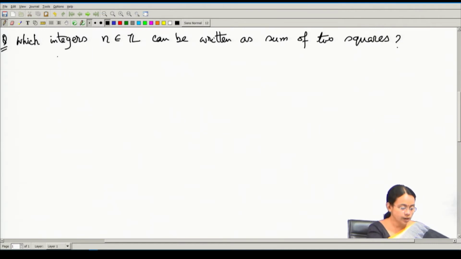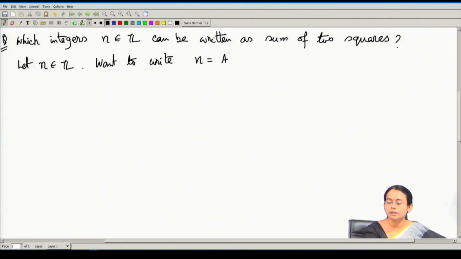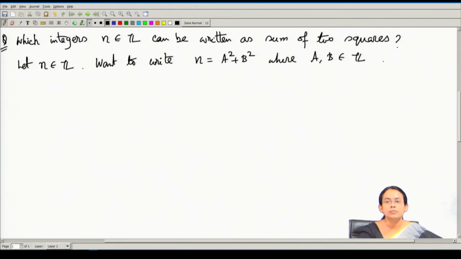That means, let n be an integer in Z, and we want to write n as a square plus b square, where a and b are integers. Of course, not all integers can be written as a sum of two squares, so we would like to identify which integers can be written in the form a square plus b square, where a and b are integers.